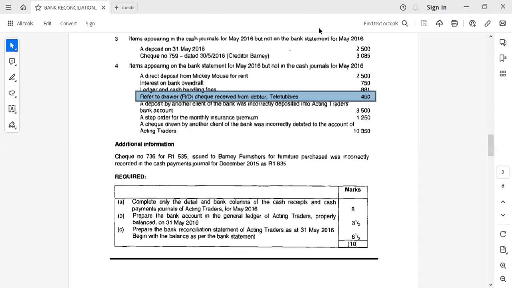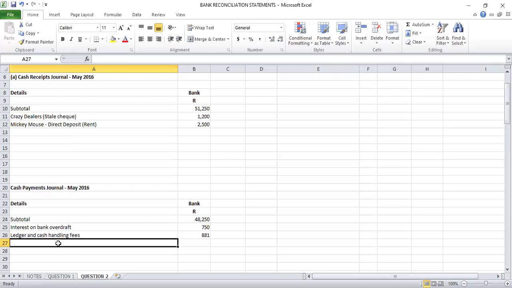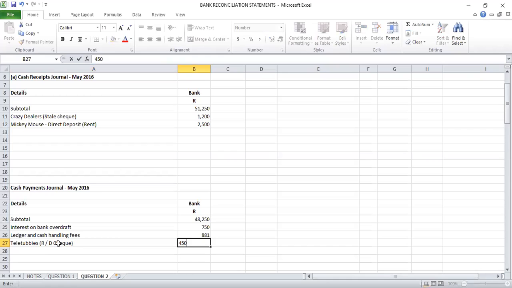To reverse it, it will be recorded in the cash payments journal. So we'll have Teletubbies, RD check, $450.